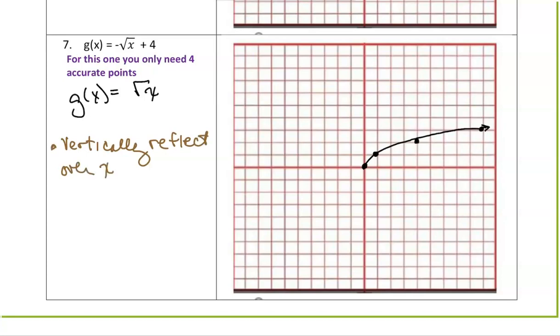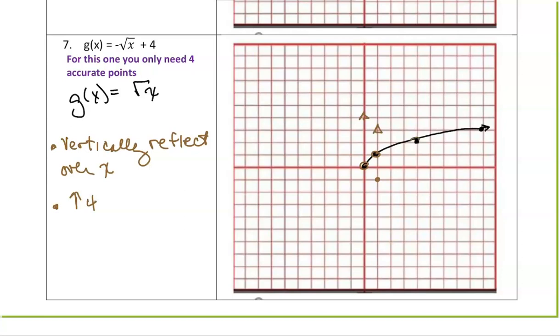And then once we do that, we're going to go up 4. Okay, so if you take this point and vertically reflect over x, you're still right there. And then I need to go up 4. 1, 2, 3, 4. This next point, if I vertically reflect it, I'm here. And then go up 4. 1, 2, 3, 4.